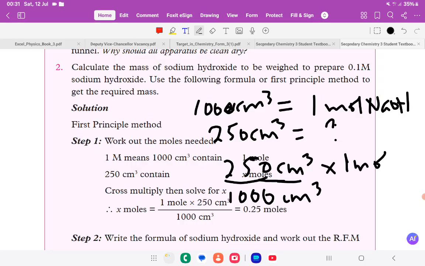We want to find how many moles we shall need in 250 cubic centimeters. So the cubic centimeters cancel out, and then you divide 250 by 1000. You should be able to get 0.25 moles.